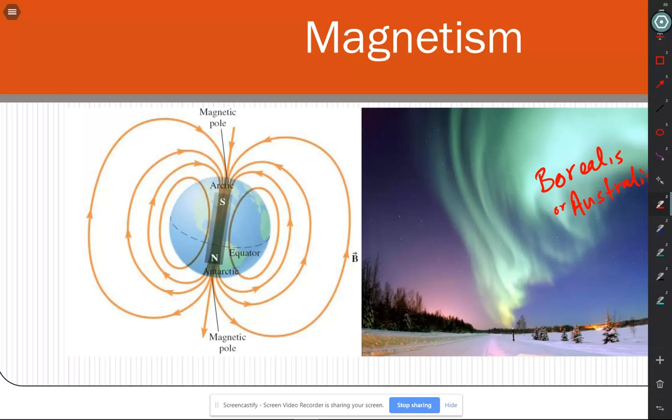Charge here is the thing that the force depends on. Then with electricity, instead of having just one type of charge, there were two types of charge, and we call those electric charges, positive and negative. Now with magnetism, it turns out that there are also two types of charge.